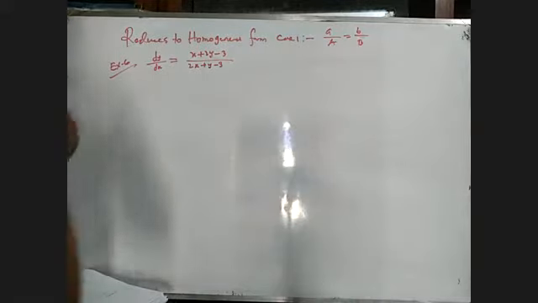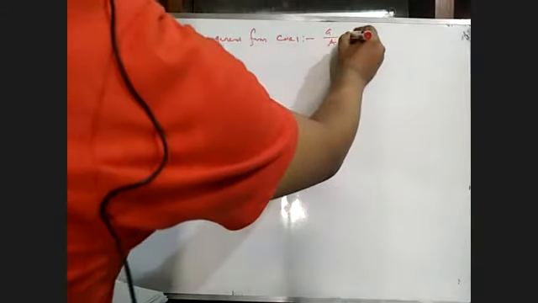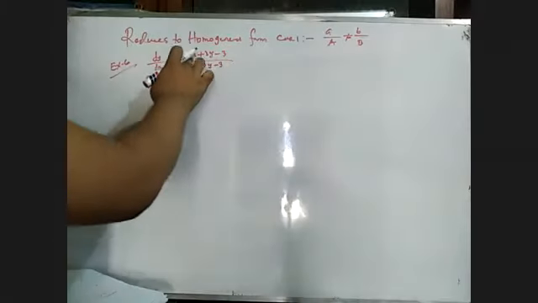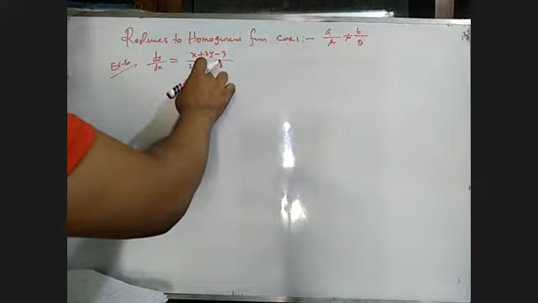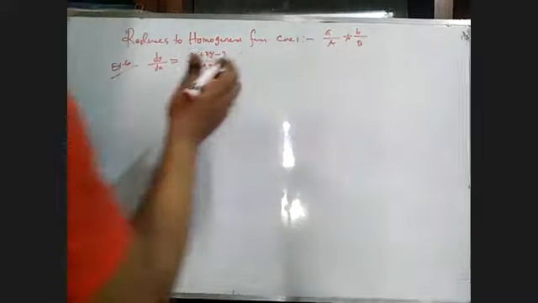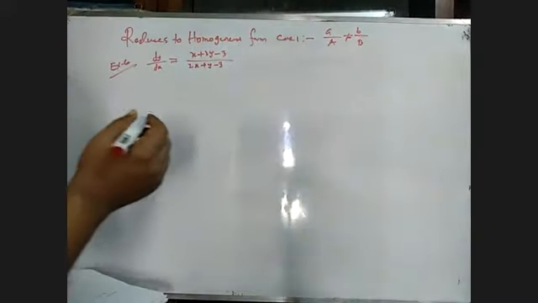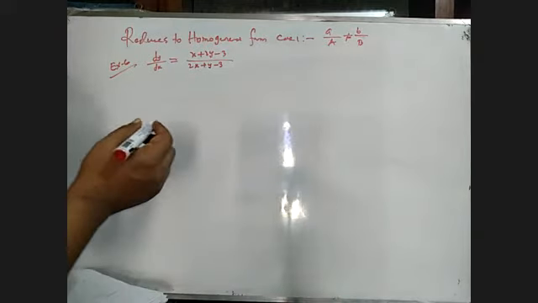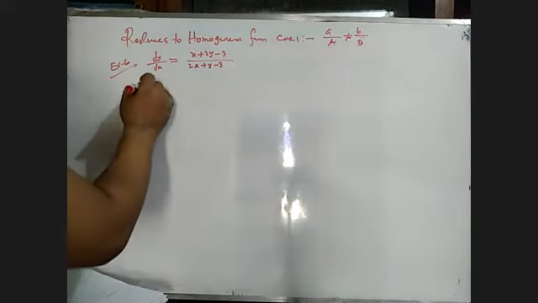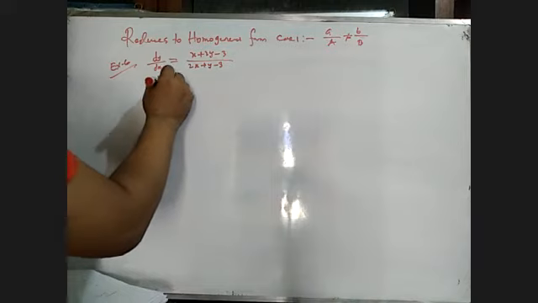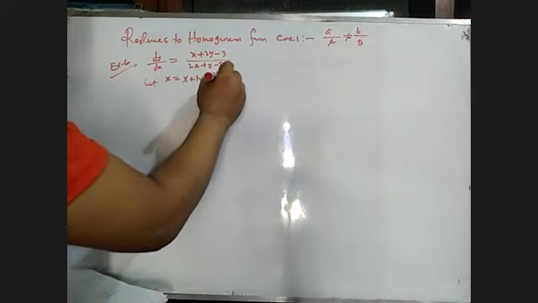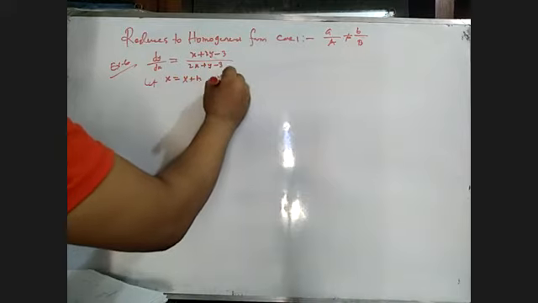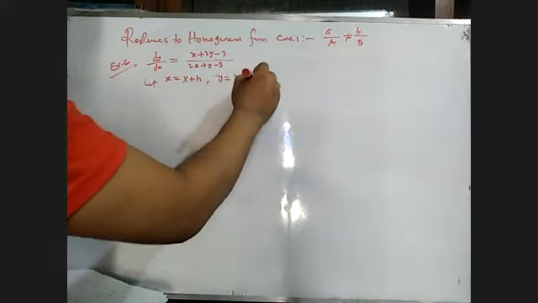Okay, so for the first case, if this ratio is not equal, the x coefficient of numerator and denominator and y coefficient of numerator and denominator are not equal, in that case we have to reduce it into homogeneous form. How? Let small x equals capital X plus h, and small y equals capital Y plus k.